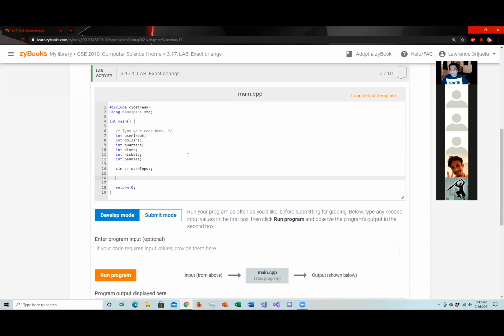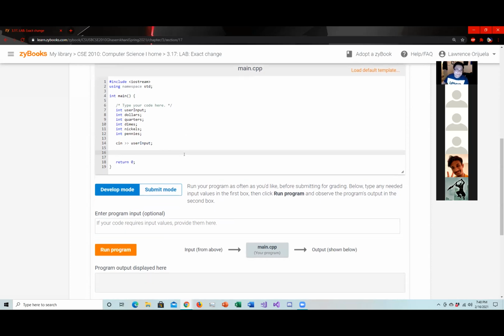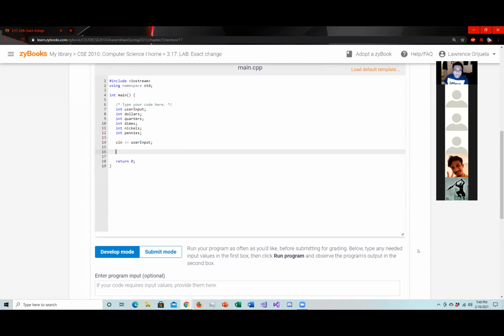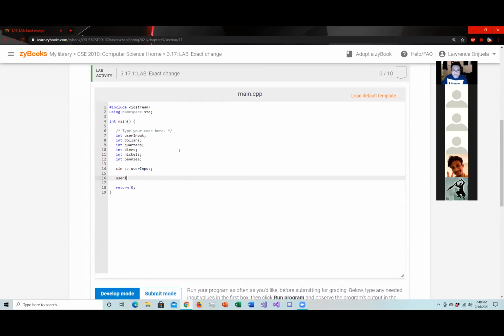Now, the number of dollars times 100, that number we will subtract from the user input in order to get the remaining value, right? So I say dollars equals user input divided by 100.